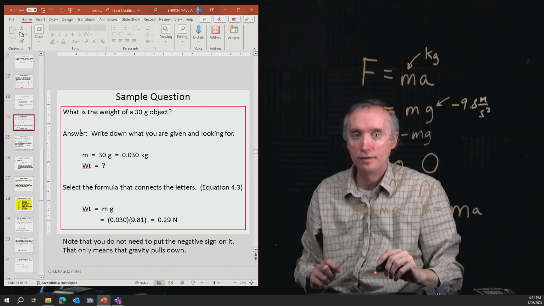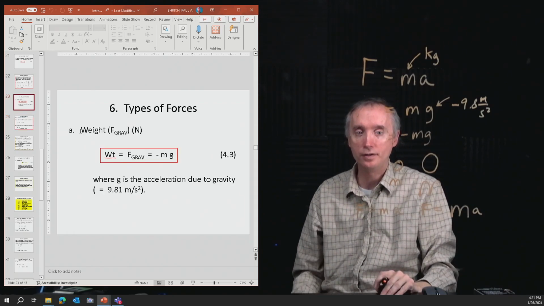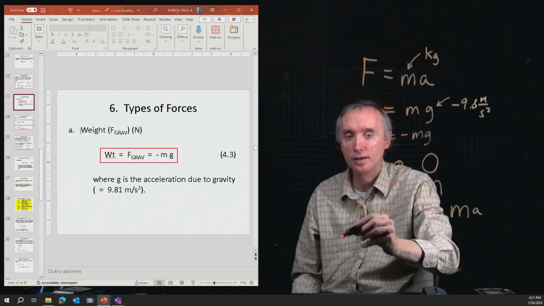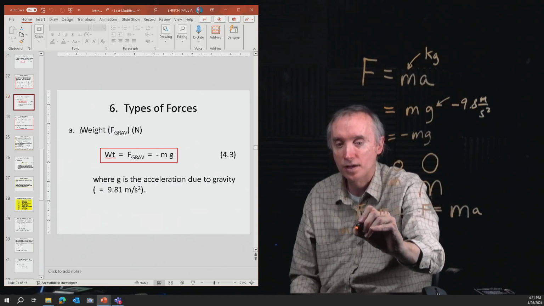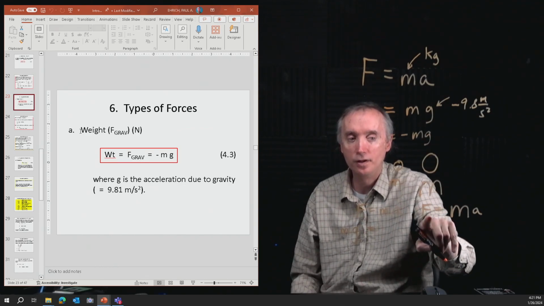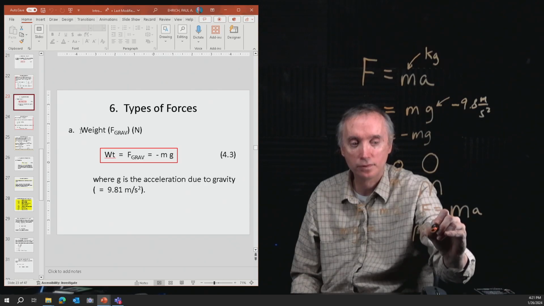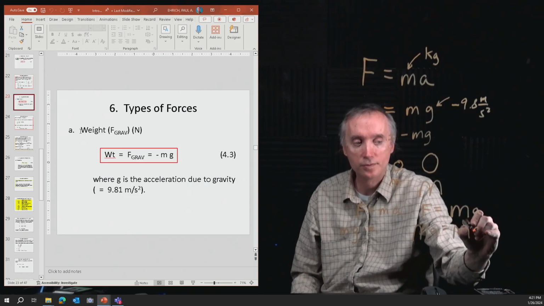The force of gravity. Do we have a formula for the force of gravity? Yes, we do. So instead of F, let's write little m times g is equal to little m times a. And over here, big M times g is equal to big M times a.